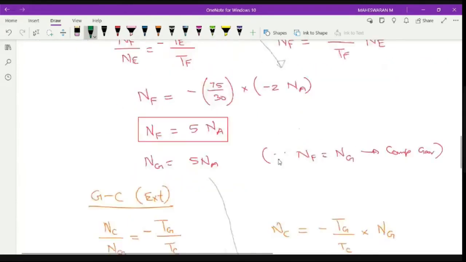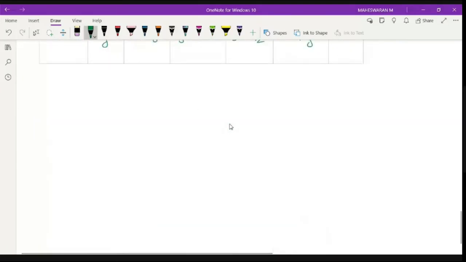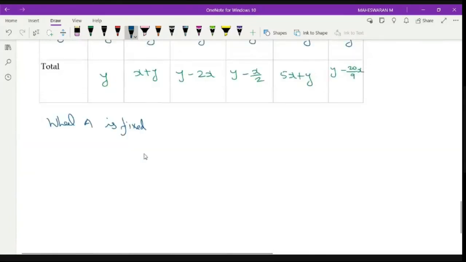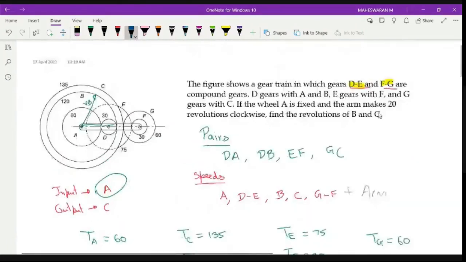Now, let us go for the question. What did they ask? Wheel A is fixed and arm makes 20 revolutions clockwise. That is the condition. Wheel A or gear A is fixed. In that case, gear A is x plus y, so x plus y is equal to 0. Then the next condition: arm is rotating 20 revolutions clockwise.